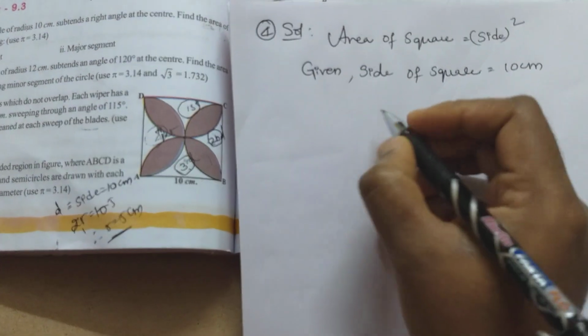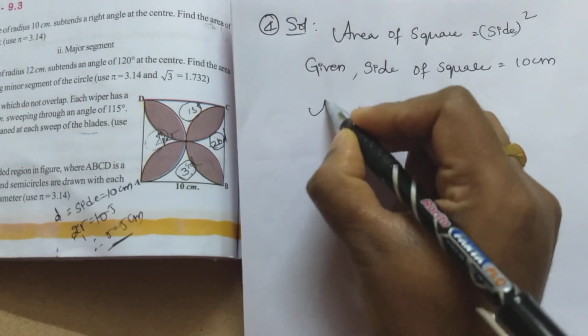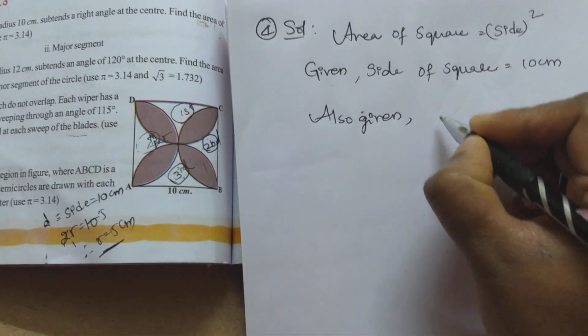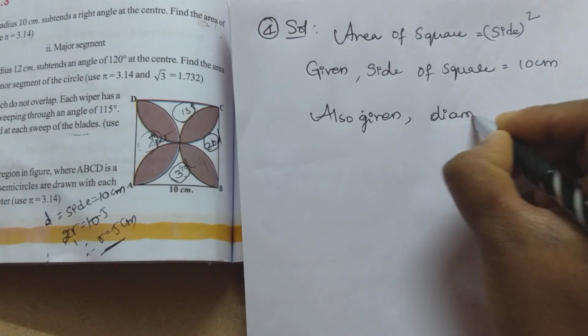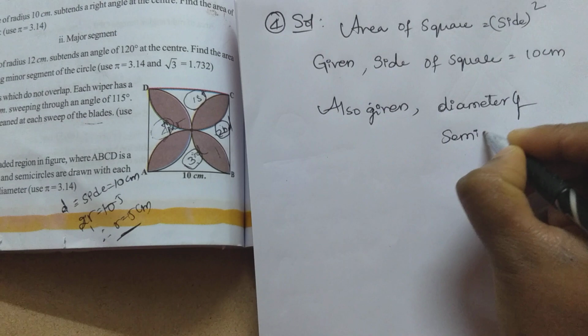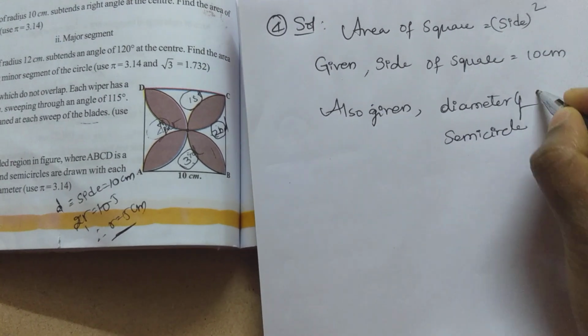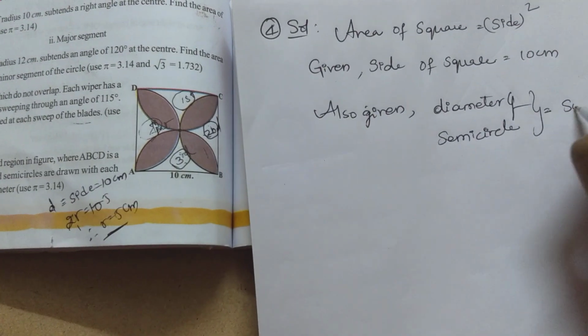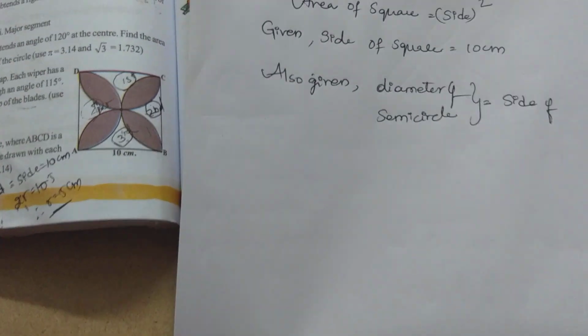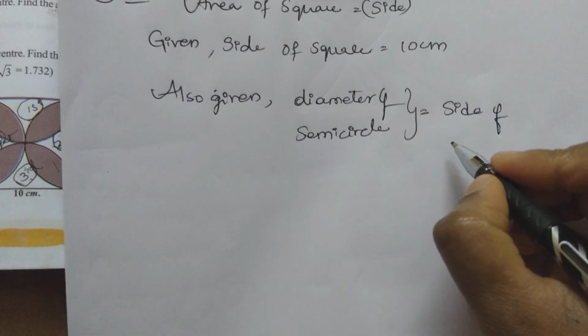And next, also given, diameter of semicircle equals side of square.